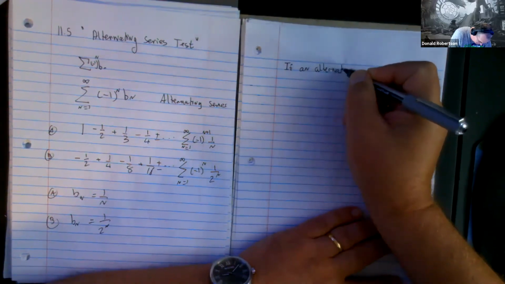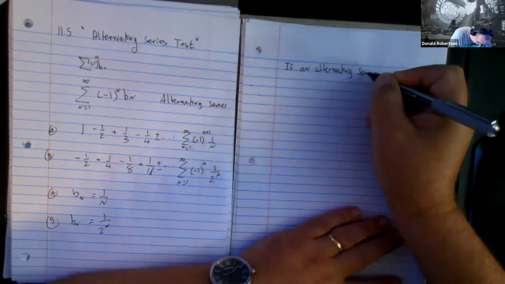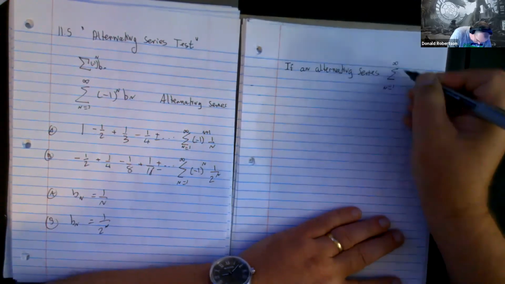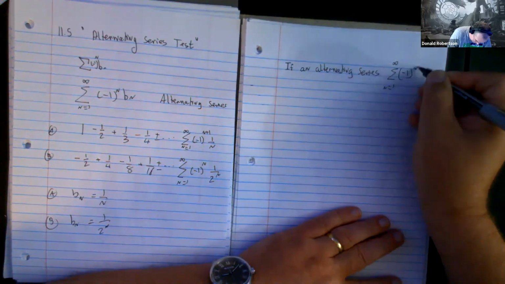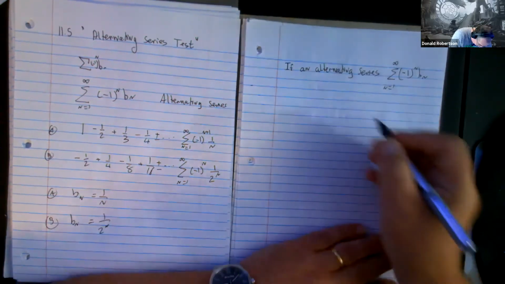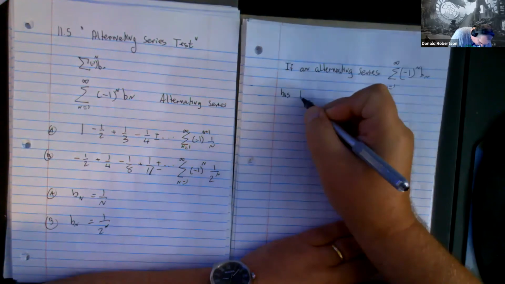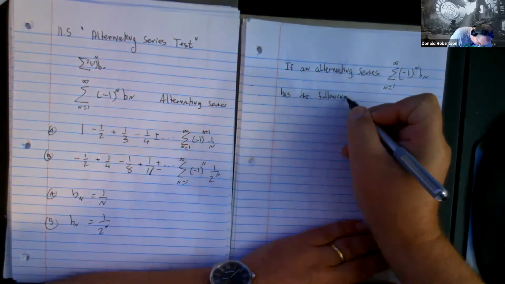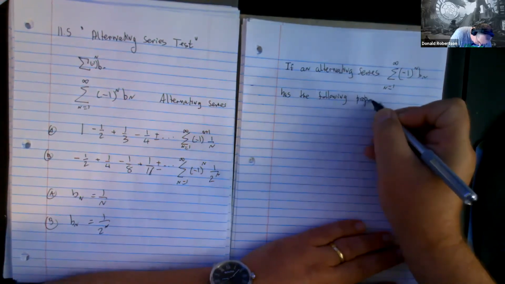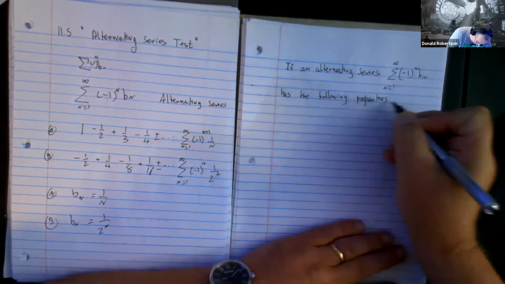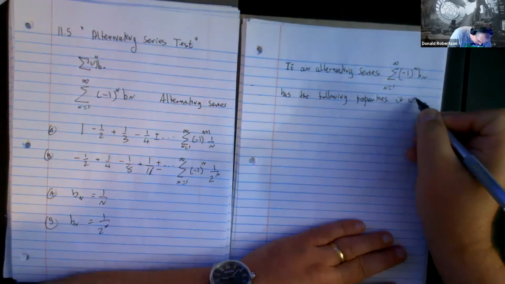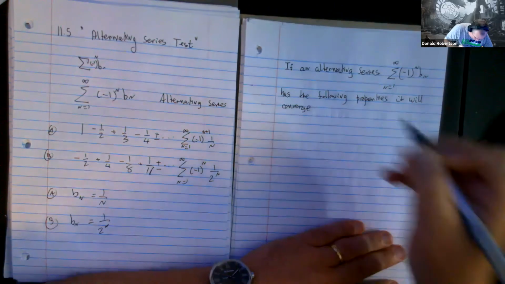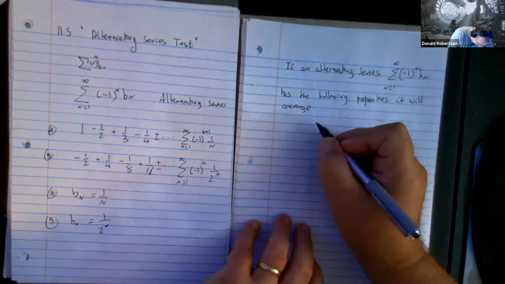If an alternating series, sigma n equals 1 to infinity, negative 1 to the n Bn, has the following properties, it will converge. So an alternating series will converge, provided these 3 things are true.